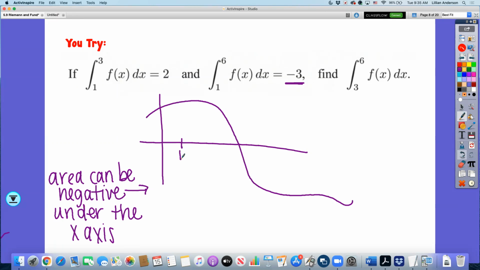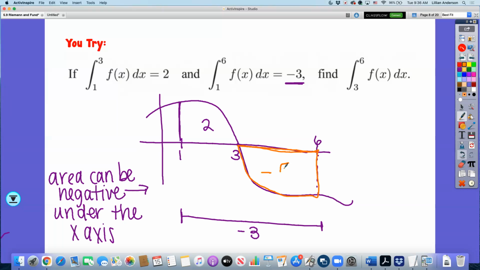So from 1 to 3, the area is 2. From 1 to 6, the area is -3. We're trying to figure out the area from 3 to 6. -5.